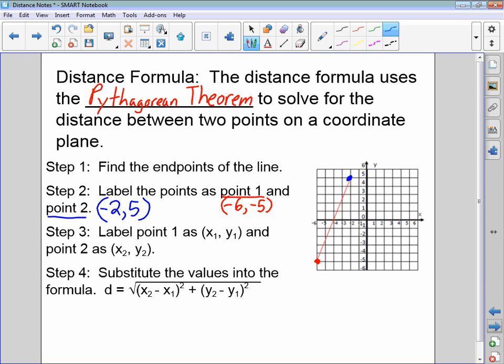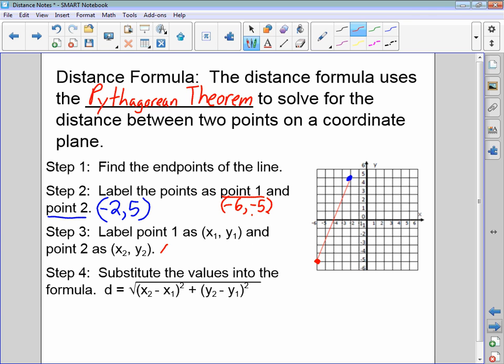And with that, we are going to label now our x1, y1 with our point 1, which is our red point, x1, y1. Let's break that down even further.